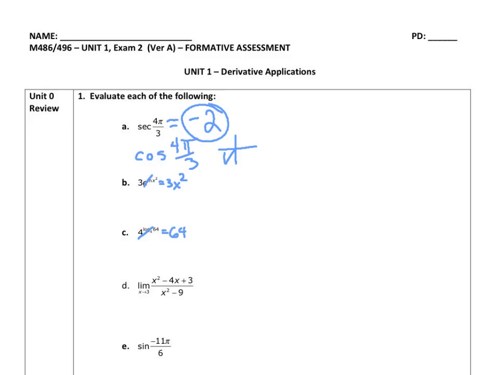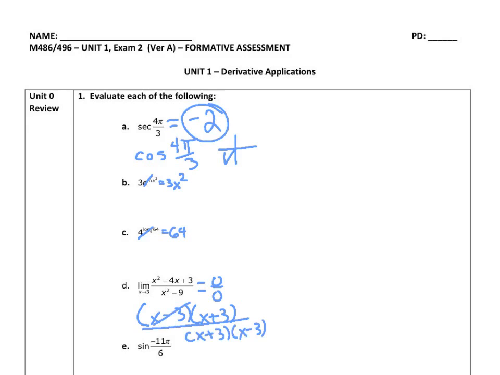Next, looking to evaluate the limit. If I try to evaluate this directly, I get 9 plus 3, which is 12, minus 12 on the top, or I get 0 over 0. I do see in this case, though, that this is going to easily factor for me to an x minus 3, x plus 3 on top, and to an x plus 3, x minus 3 on the bottom. Let's see here.